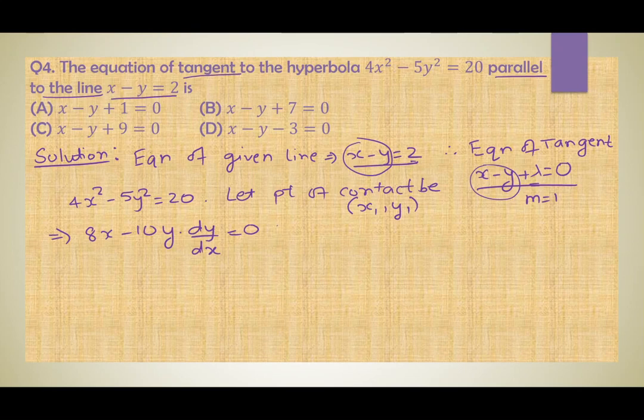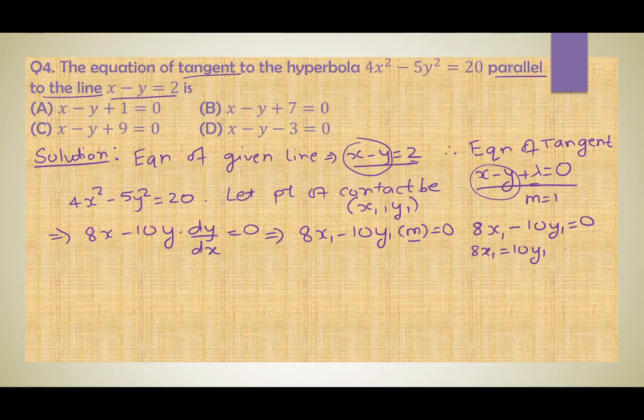As a result, if I substitute the point of contact, this is going to be 8x1 minus 10y1 into m equal to 0. But remember that m is 1. So I just get 8x1 minus 10y1 equal to 0. That is 8x1 equal to 10y1.